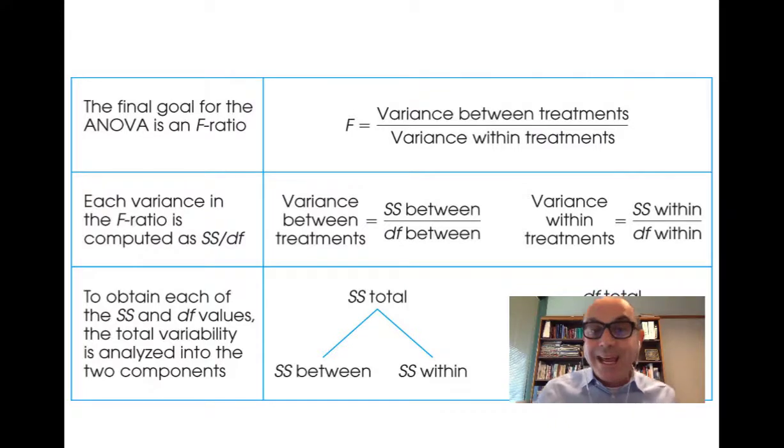So the idea here, and this is my own drawing, I'm sorry it's not clear and crisp, is that F is equal to the variance between the treatments over the variance within the treatments. Each variance in the F ratio is computed by SS divided by DF.